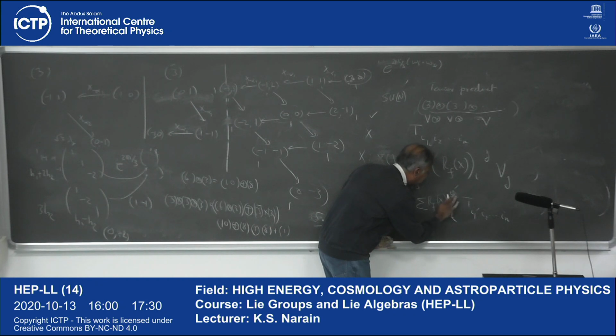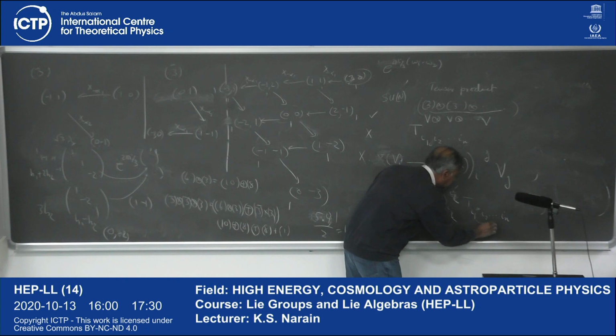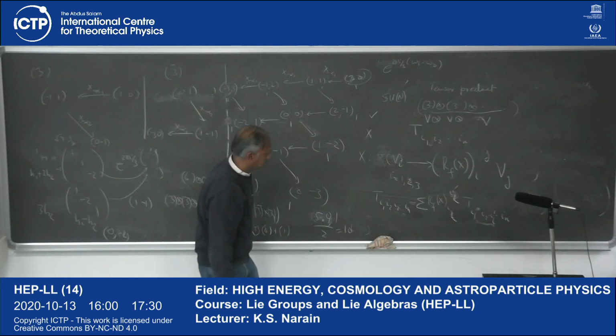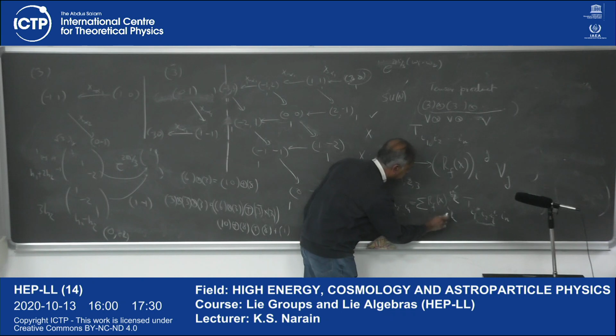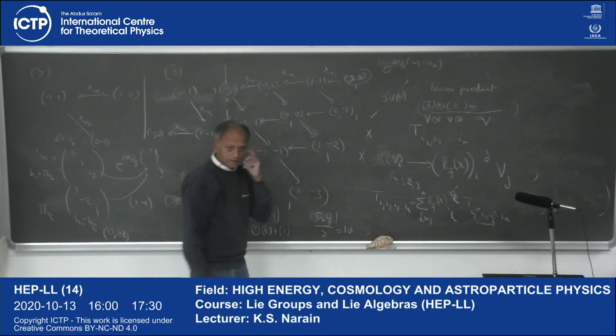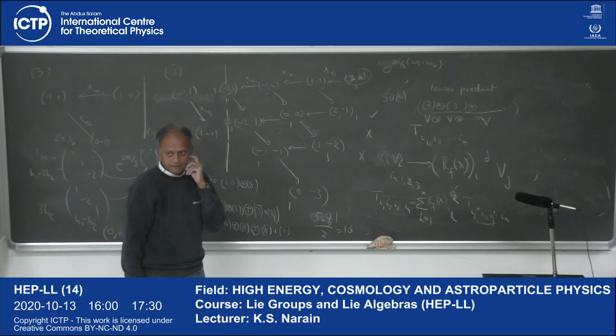I_k prime. So the notation is that I_k is replaced by I_k prime, where k goes from 1 to n. Is that simple?